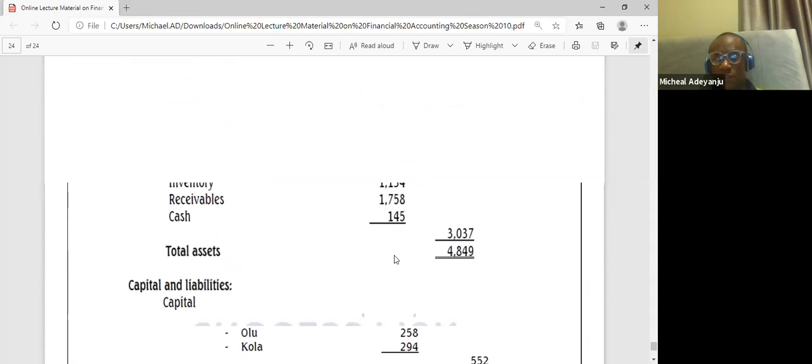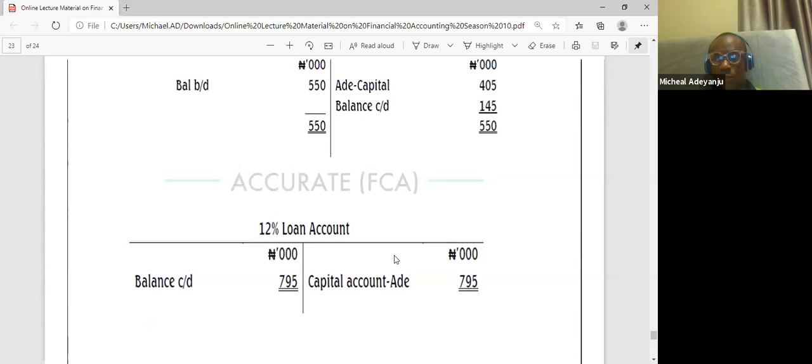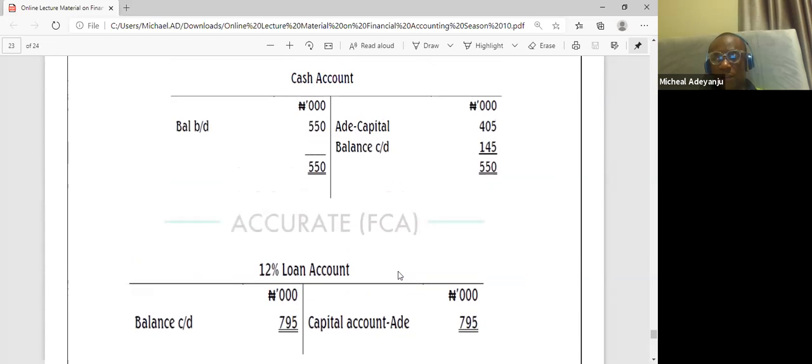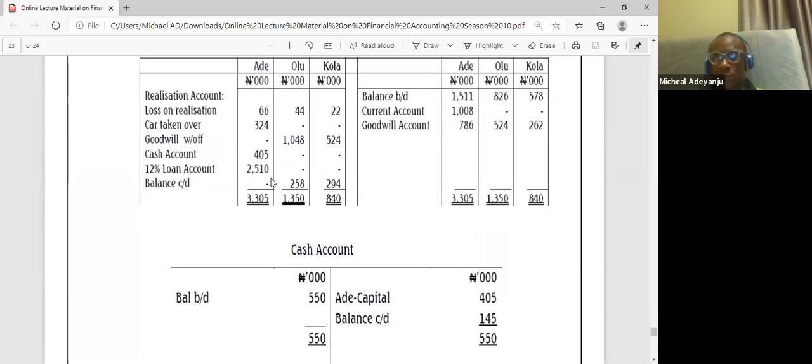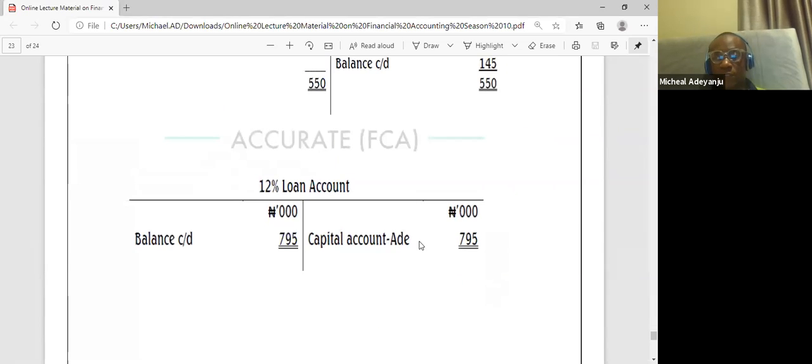How did they get 795? Is this supposed to be a typo? Capital account, Ade. This is not supposed to be 795. Sorry, it's supposed to be 2,510 naira here. This is a mistake.